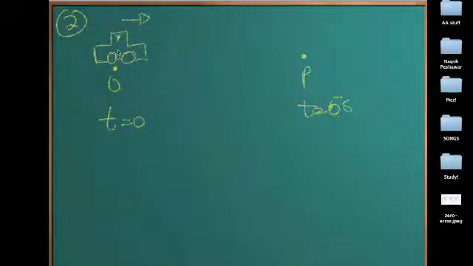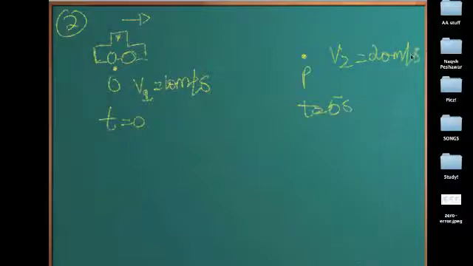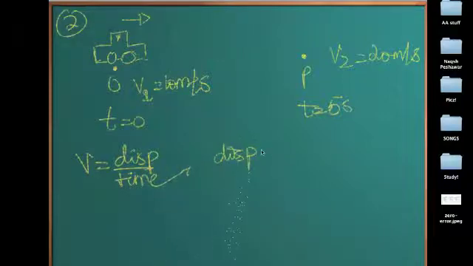So at this point, my velocity 1 was 10 meters per second. When I reach this point, my velocity is 20 meters per second. Now the question arises. The formula says velocity is equal to displacement over time, which means displacement is equal to velocity times time.